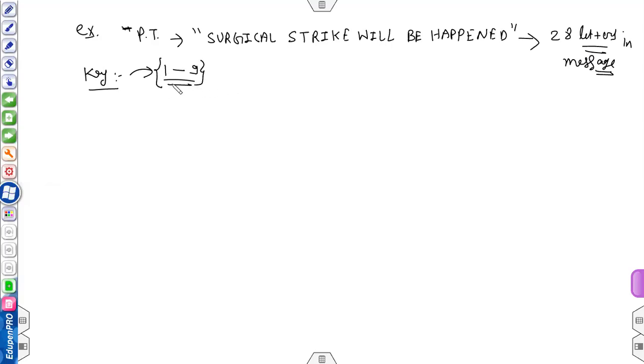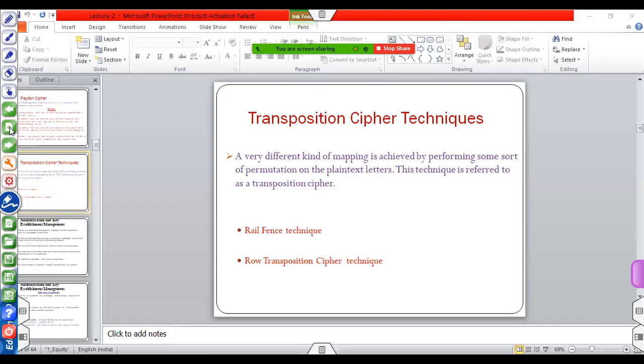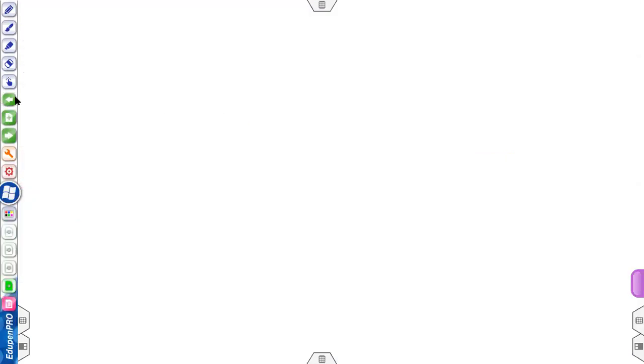So here we can consider the key to be 4, 3, 1, 2, 5, 6, and 7. Now this is the key pattern that we are going to use for doing the encryption with the help of the row transposition technique.